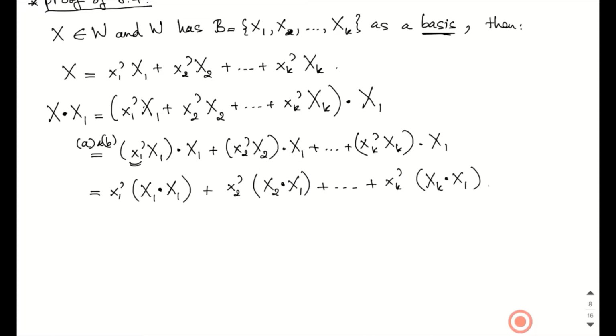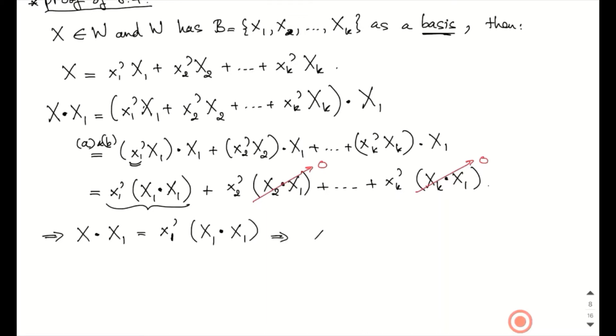Now it's time to use the orthogonality. The orthogonality says that if you dot any pair of different vectors, you're going to get 0 because they are pairwise perpendicular. So you're going to get 0 here, 0 here. The only thing that is left is this guy, right? And so this implies that x dot x1 is equal to the first coordinate multiplied with x1 dot x1.